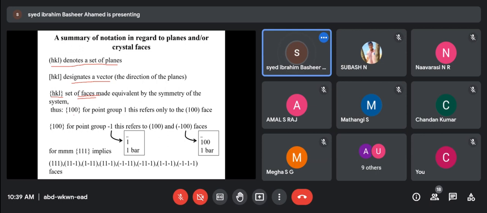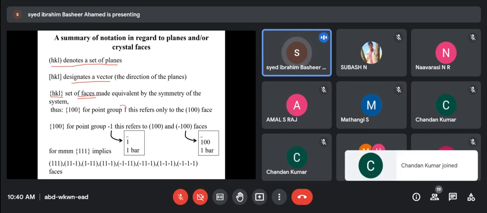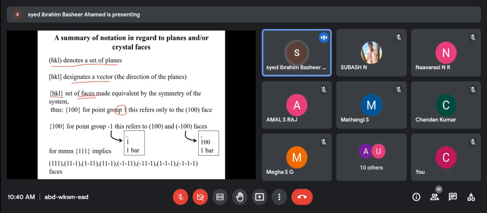Now, 100 for point group 1 will indicate only one phase. For point group -1, it will include two phases, 100 and -100.